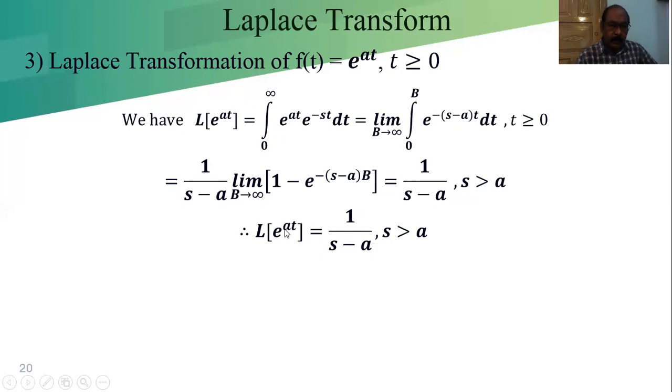When it is positive, e to the power at, then it is s minus a. Same way we can find e to the power minus at. When it is minus, this will be plus, and s greater than minus a.